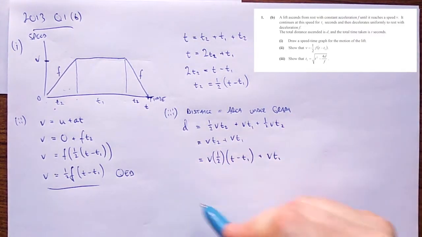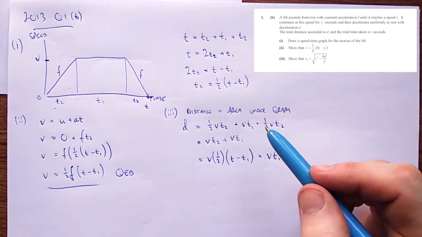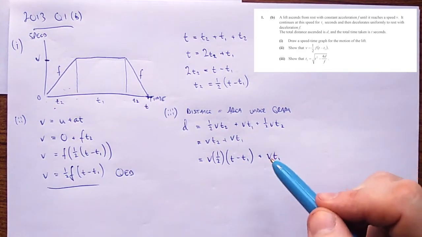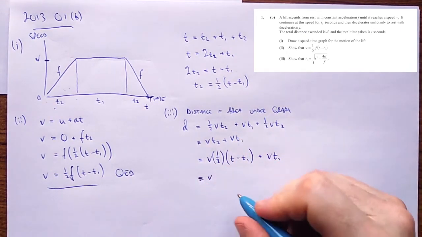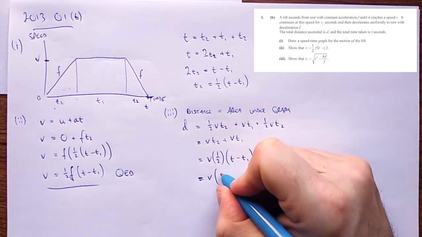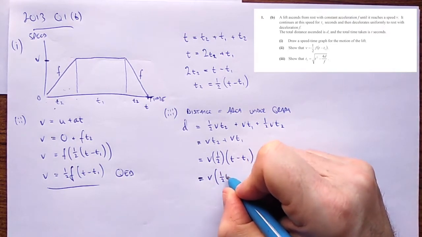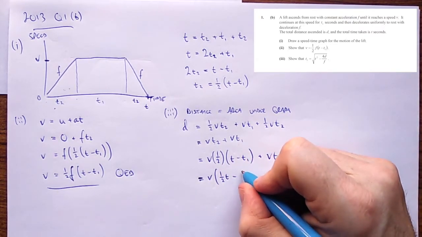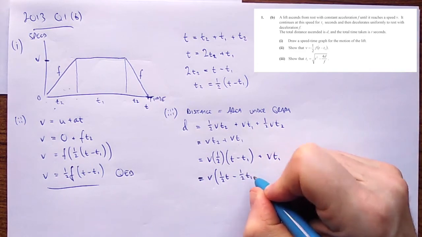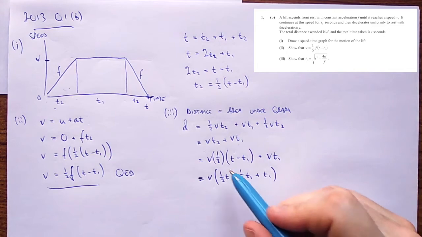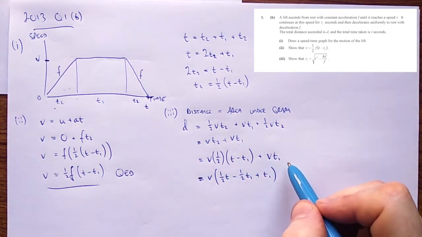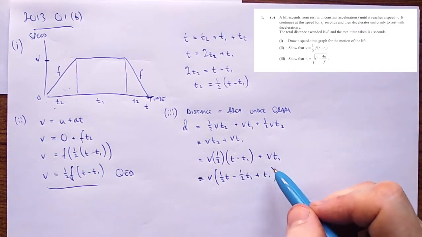Okay, let's go back and do a little check. We also don't have a v in here. So it's going to do a little bit of housekeeping here. I'm going to put the v on the outside. v times a half t minus half t1 plus t1. Okay, just take a little moment to make sure we haven't jumped or lost anything in that process.